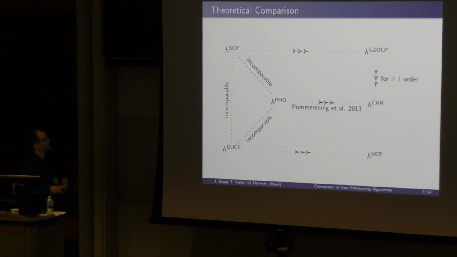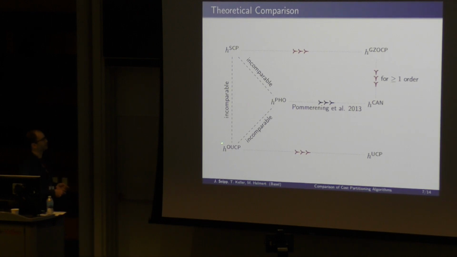And in our work, we proved 3 new results showing that the saturated cost partitioning dominates the greedy 0-1 cost partitioning heuristic, and also we showed that this heuristic dominates, for at least one order of heuristics, the canonical heuristic.